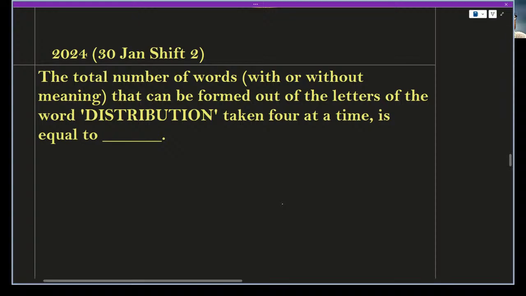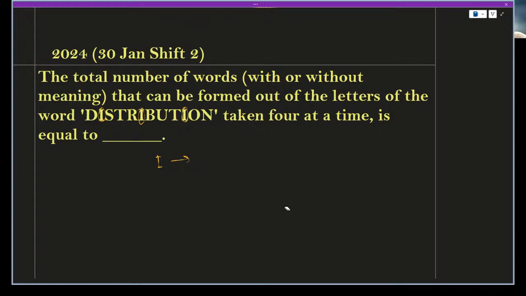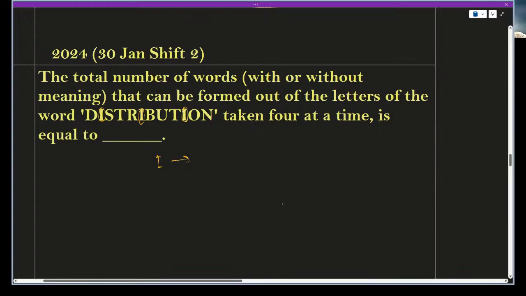Let me find how many are repeated first. Distribution, I occur thrice. T occurs twice.